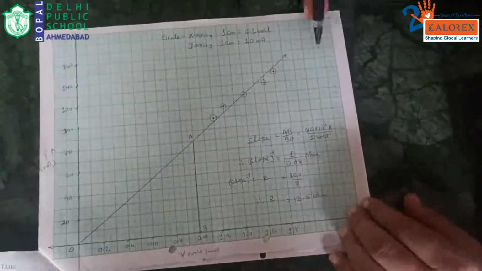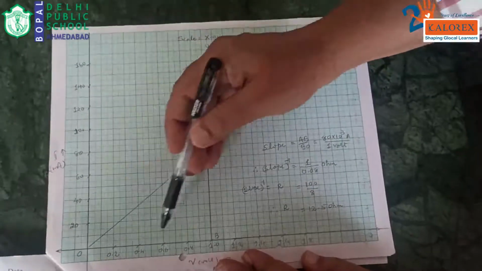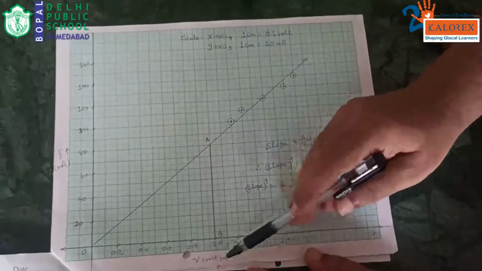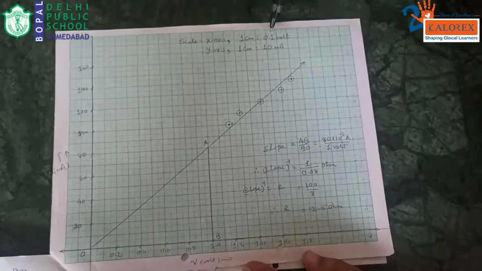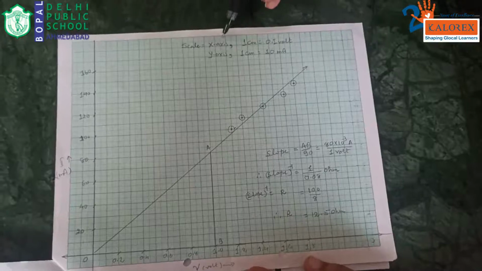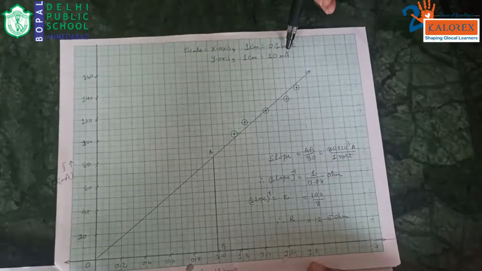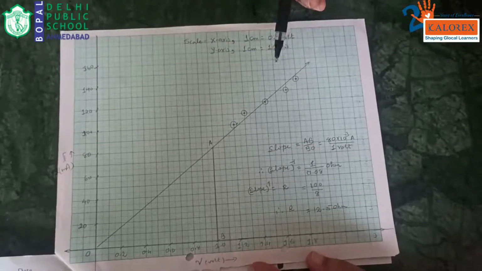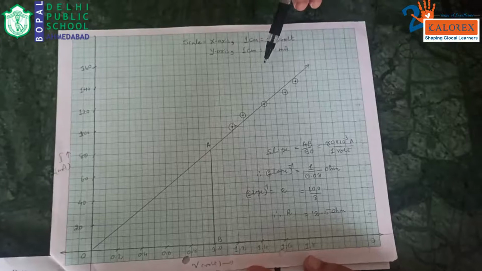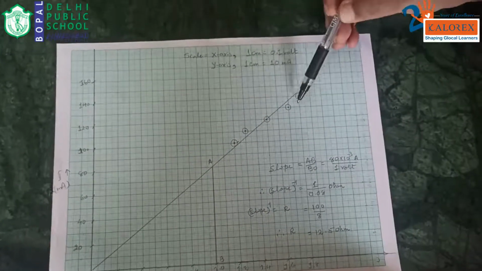In the graph, along the y-axis I have taken current, along the x-axis I have taken the voltmeter readings. The scale I have taken is 1 centimeter equal to 0.1 volt along the x-axis. Along the y-axis I have taken 1 centimeter equal to 10 milliampere. Now the readings are such that 2 points are left on one side of the graph and 2 points are left on the other side.